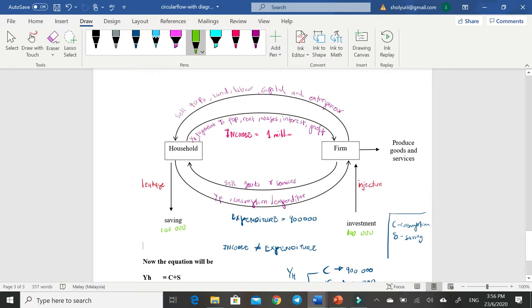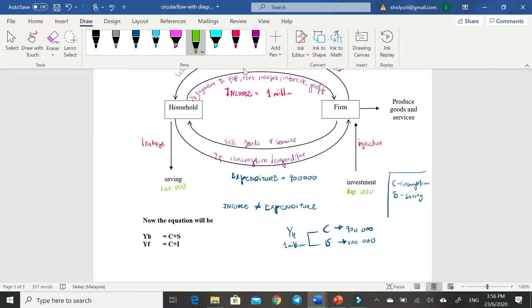Okay. So afterwards you akan jumpa istilah I stand for investment. And injection is tak nama anak panah. So equations kita akan jadi sekarang ni YH adalah used for, digunakan untuk apa? Household akan guna duit dia pertama untuk berbelanja, consumption, kedua untuk saving.